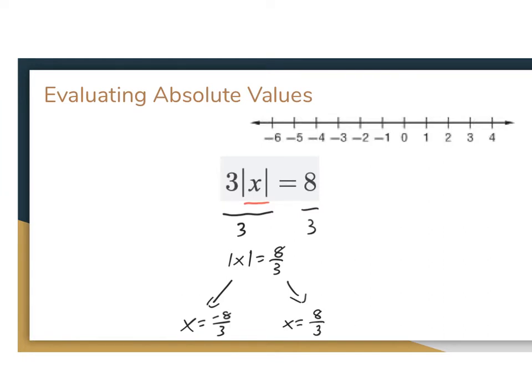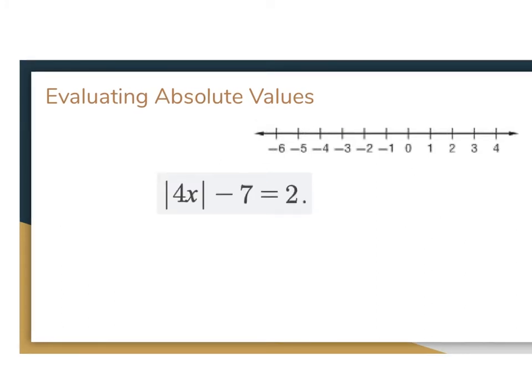And again, this is because the absolute value of -8/3 is equal to 8/3. Our solution set would be -8/3 and 8/3.